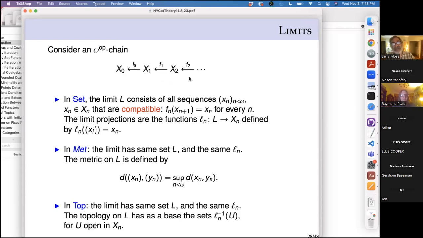This is how you calculate the limit of this kind of a chain diagram in the category of sets.